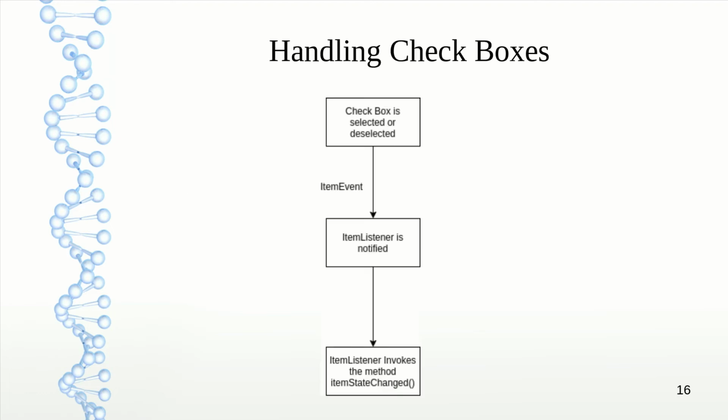The event handling mechanism of checkboxes is quite similar to that of the buttons, and when a checkbox is selected or deselected, an item event is generated. Remember, in the case of buttons, when it is pressed, an action event would have been generated, but here it is item event which is generated when a checkbox is selected or deselected.